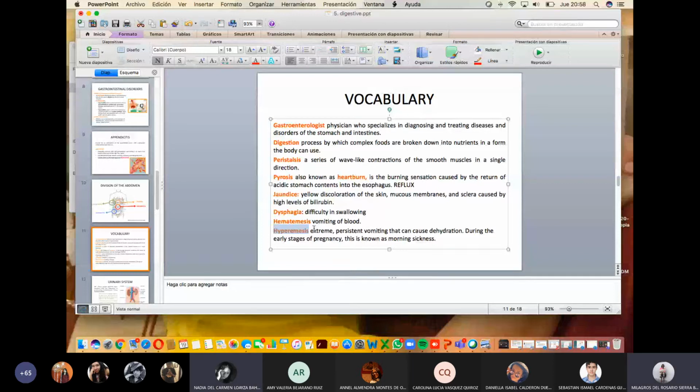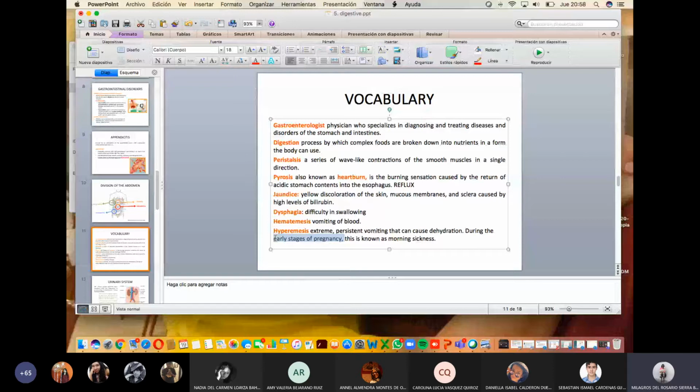No, it's vomiting. But do you know a condition that is related to persistent vomiting? Meningitis. Yes, meningitis. But I was thinking about the early stages in pregnancy, and it's called morning sickness, hyperemesis gravidarum.